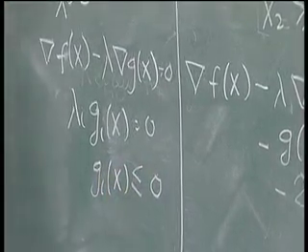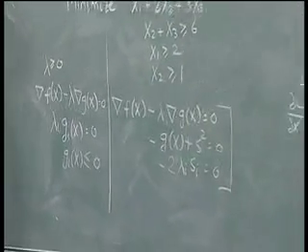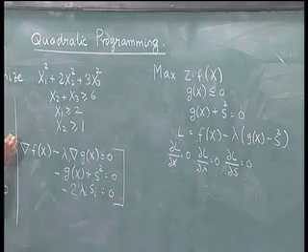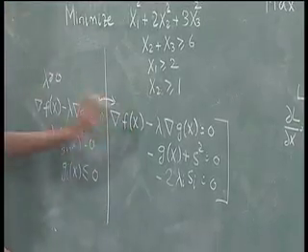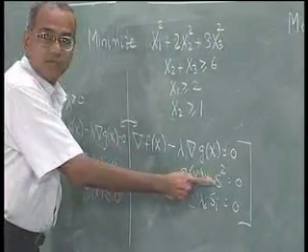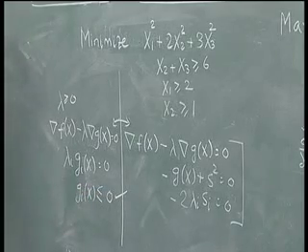So, we write this as these 4 important things. Now, what are they? What is the relationship between this and this? Now, this is exactly the same as this, there is no problem. Now, g of x plus s square equal to 0 is the same as g of x less than or equal to 0.